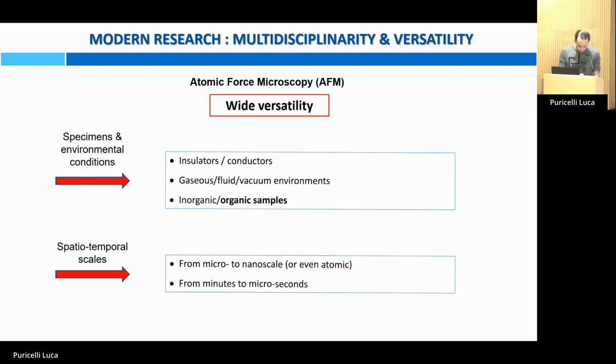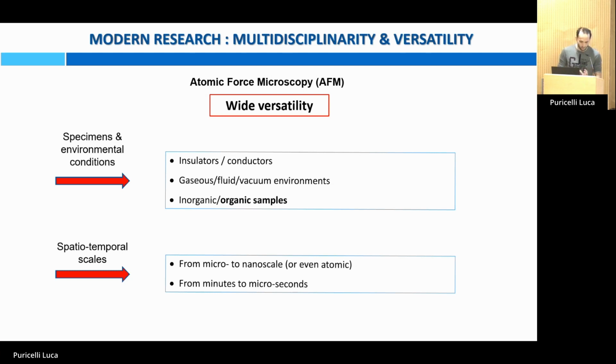In this context, the atomic force microscope fits very well because it provides wide versatility, starting, for example, from specimen and environmental conditions: it can measure insulators as well as conductors, can operate in every kind of environment, on inorganic as well as organic samples, and it allows varying different spatio-temporal scales, as I will show you.